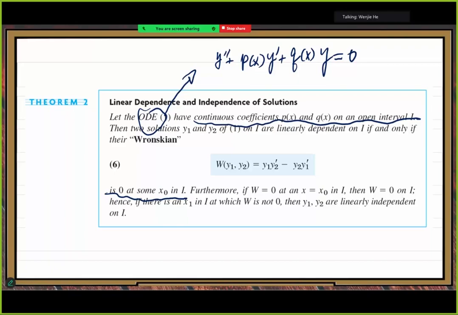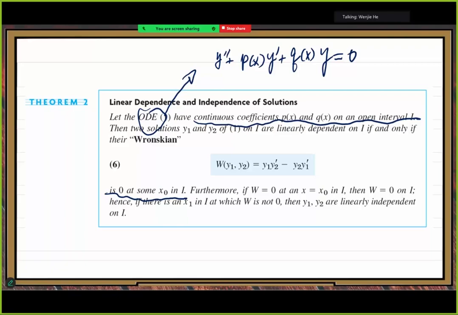Now, I give you another case. If we do not say y1, y2 are two solutions of the second order linear homogeneous ODE with p and q, but just arbitrary two functions, then you won't have that. I can easily find two linearly independent functions that can be 0 at one point, but on the whole interval they are not 0.